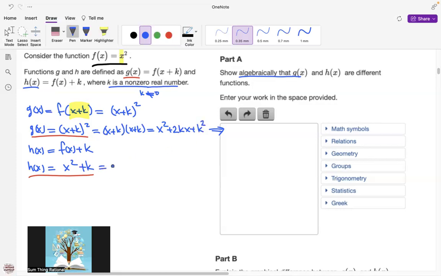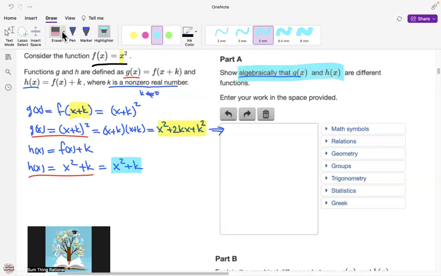But here, h of x is simply x squared plus k. As you notice, they are different. Let me highlight this also. One of them is x squared plus 2kx plus k squared, the other is x squared plus k. They are different. Algebraically, you can prove this. They are different from each other.